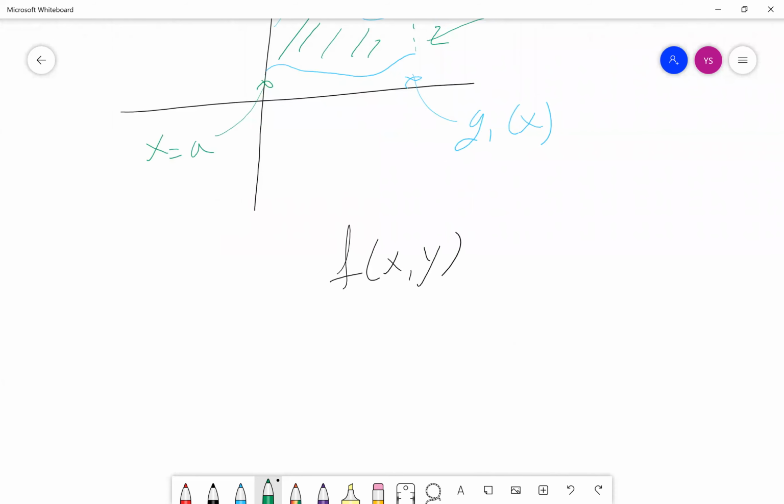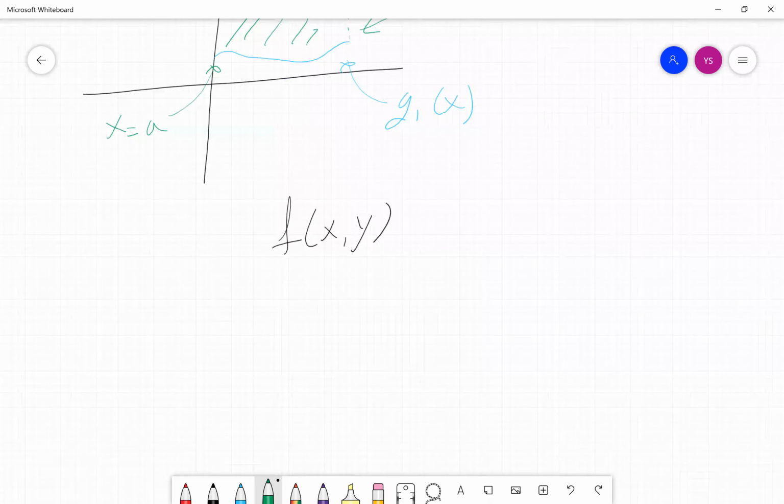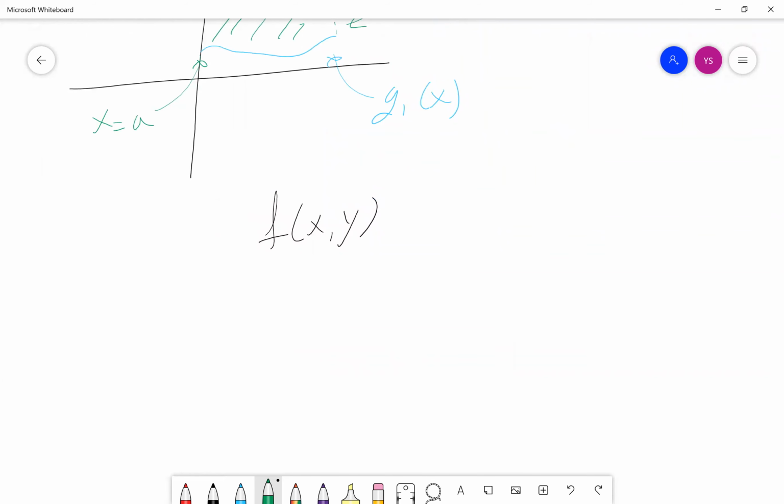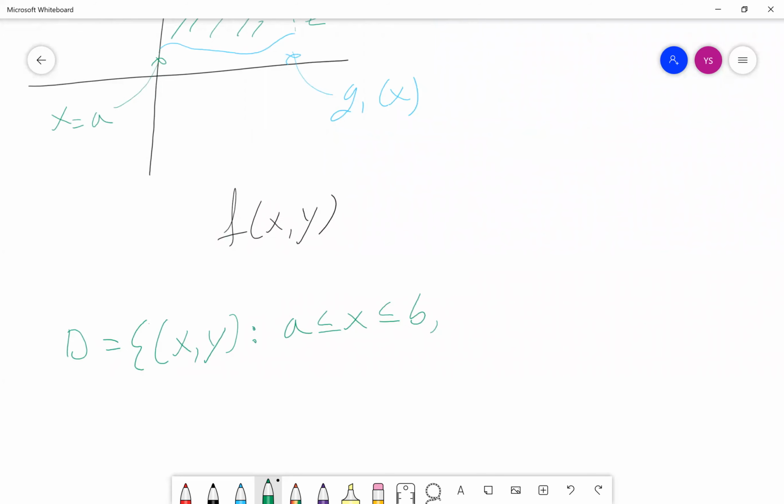So another way of writing this exact picture is we can say our domain is the set of points (x,y) such that x is bounded from a to b, so a is less than or equal to x is less than or equal to b. And y is bounded from g1, so g1 of x is less than or equal to y is less than or equal to g2 of x.